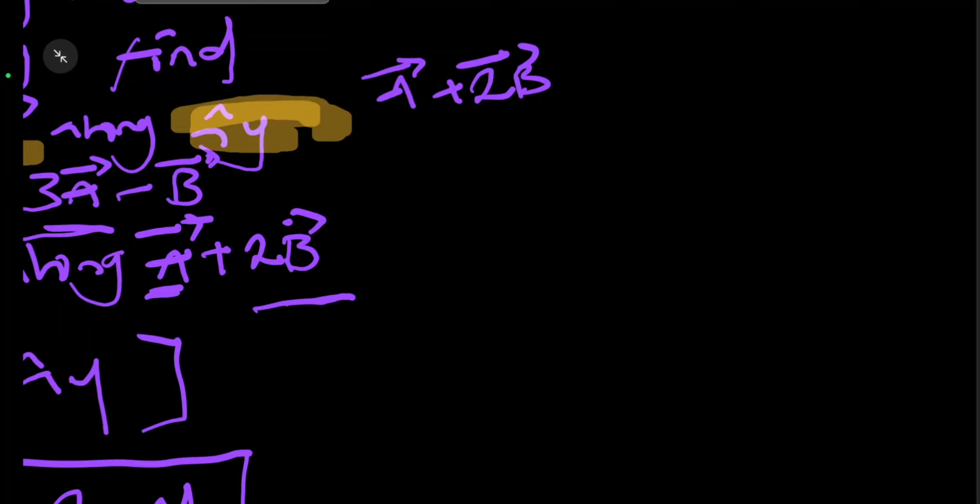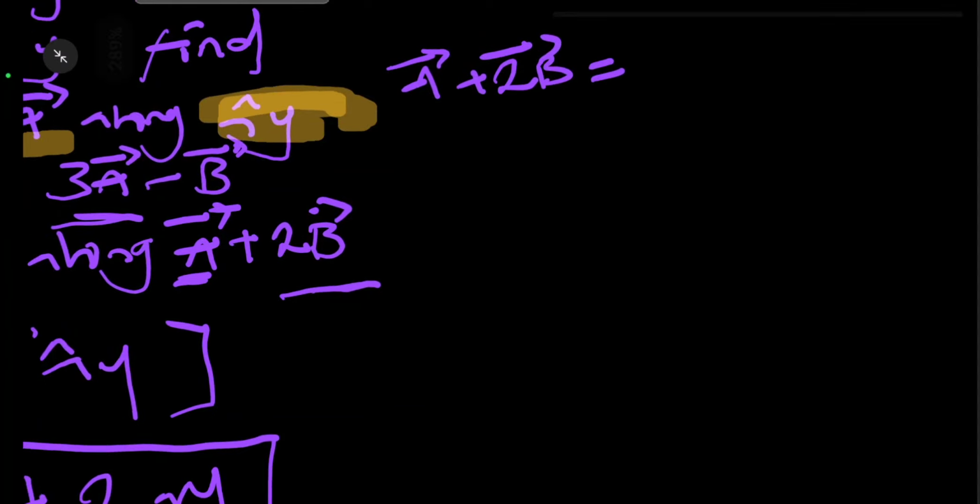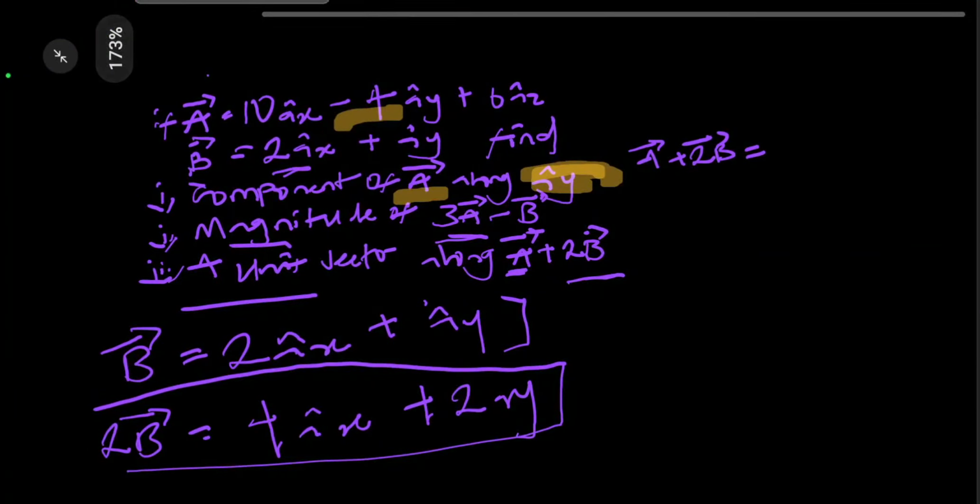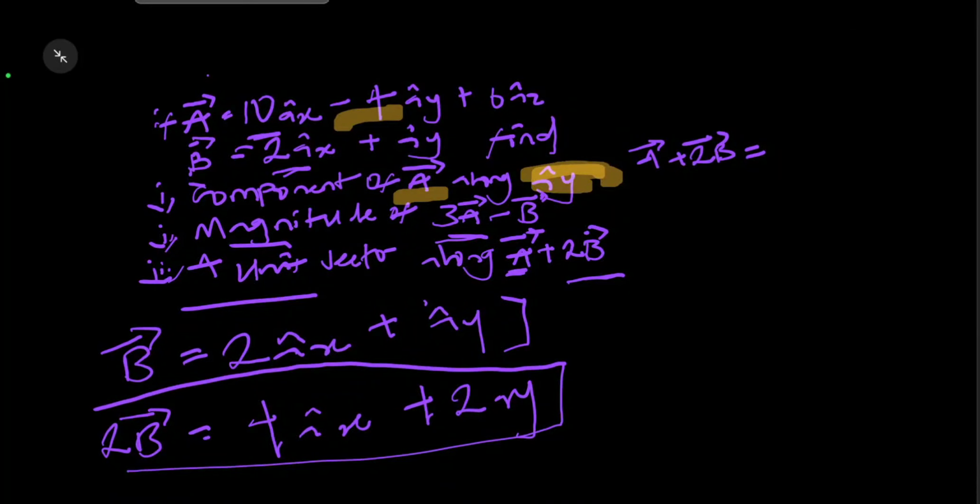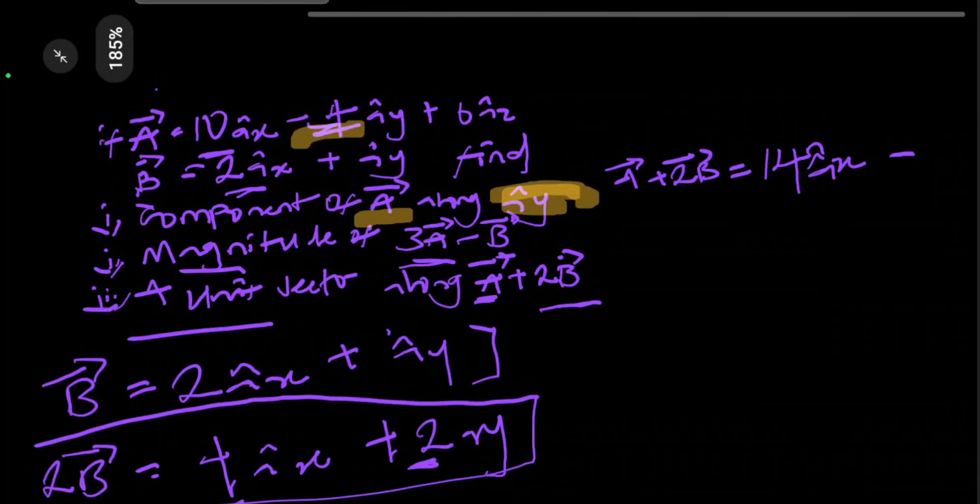So to sum this up now, we should have 10 plus 4, we have 14, minus negative 4 plus positive 2, which is negative 2.